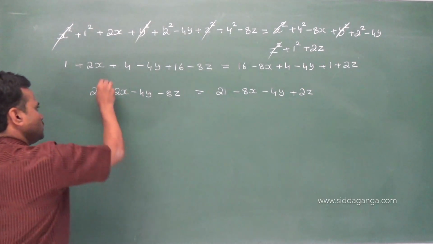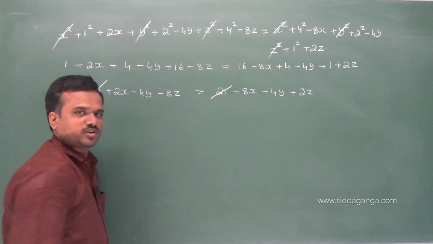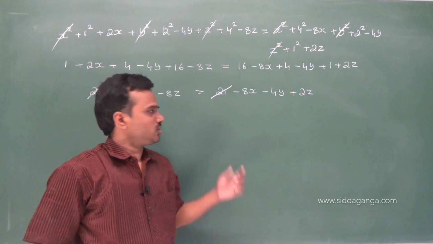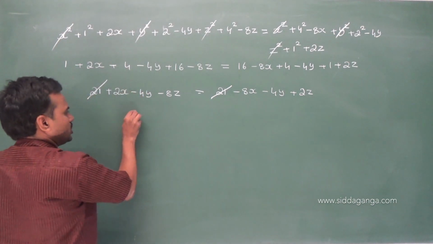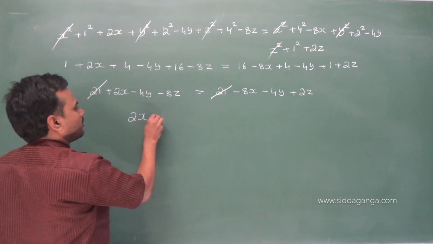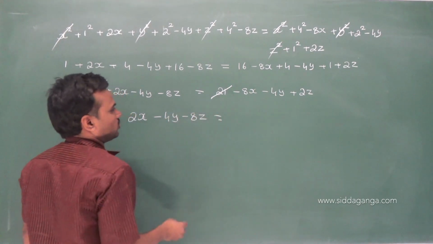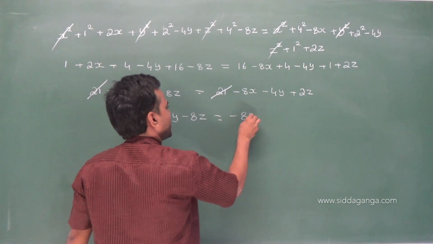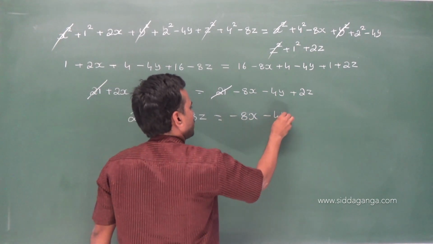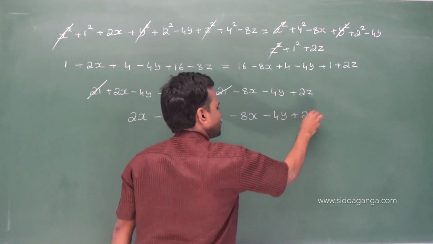On both sides, 21 gets cancelled. So 2x minus 4y minus 8z is equal to minus 8x minus 4y plus 2z.